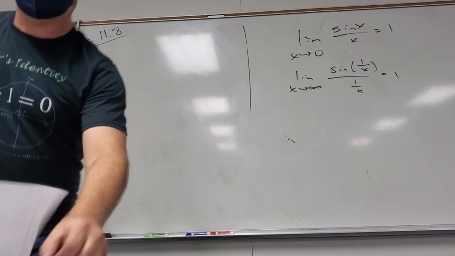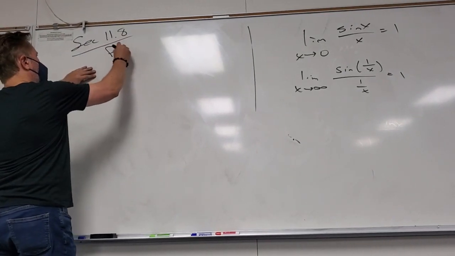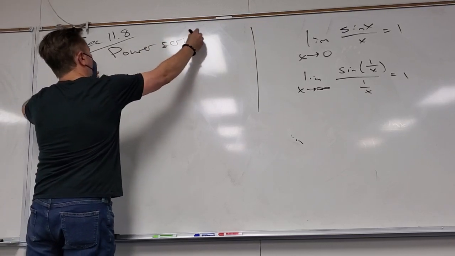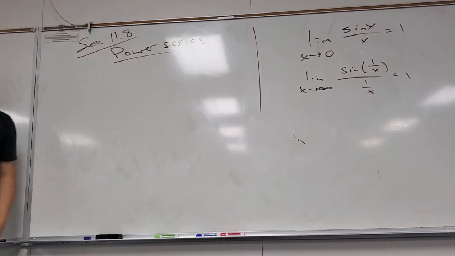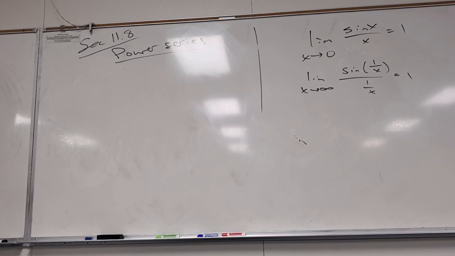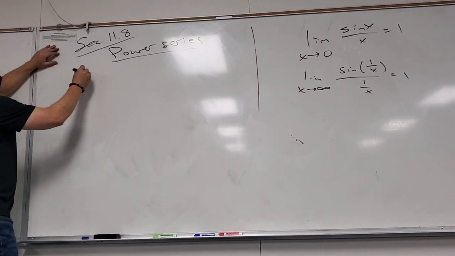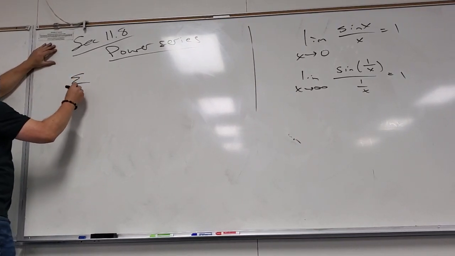All right, so what we're getting to, 11.8, the idea we're talking about is power series. And what a power series is, it is anything that is in this form.